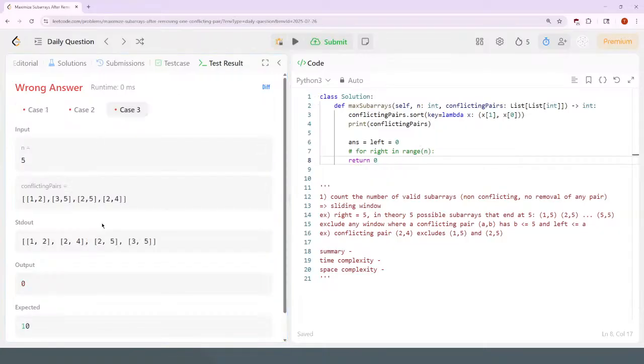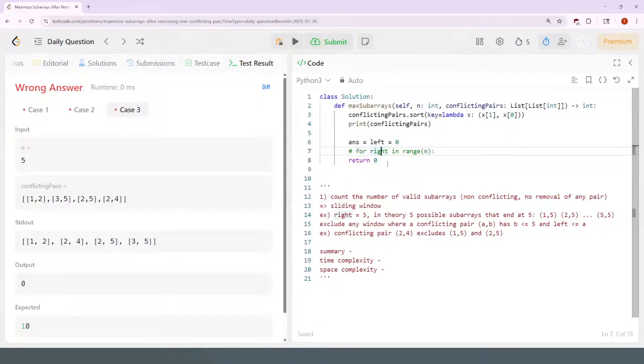Okay, so 1, 2, 2, 4, 2, 5, 5. Okay, that's what I want. So I want to be looking at the second value to determine whether or not it should be considered as conflicting first.